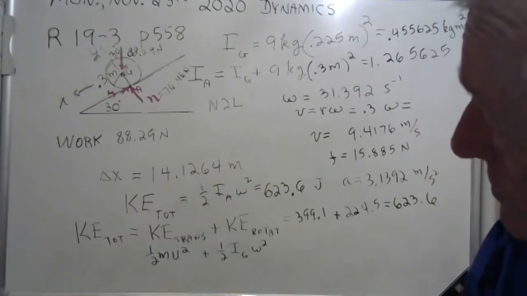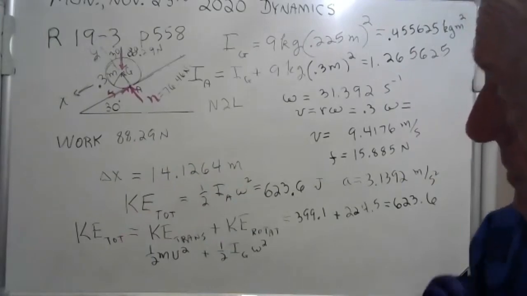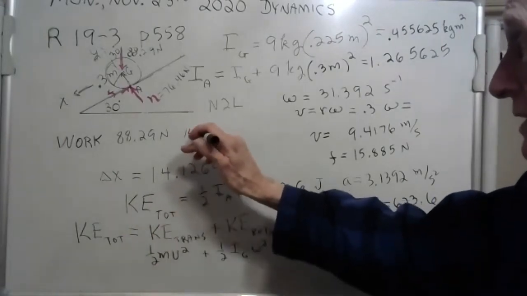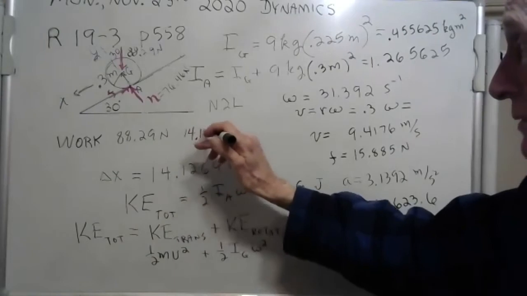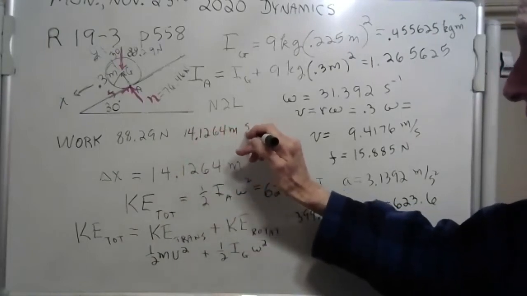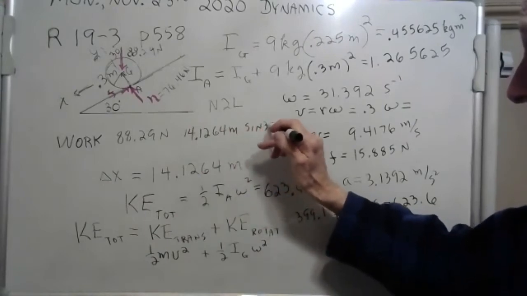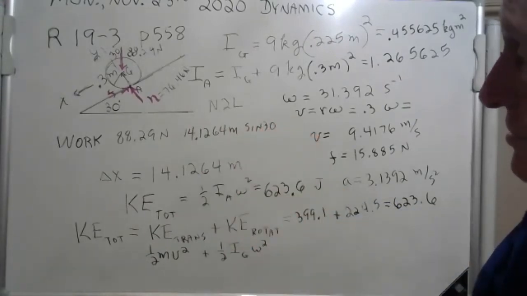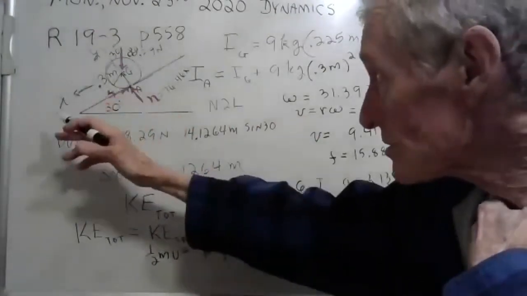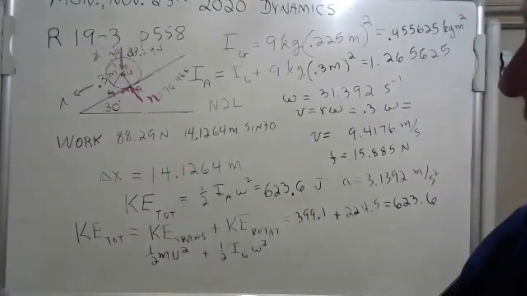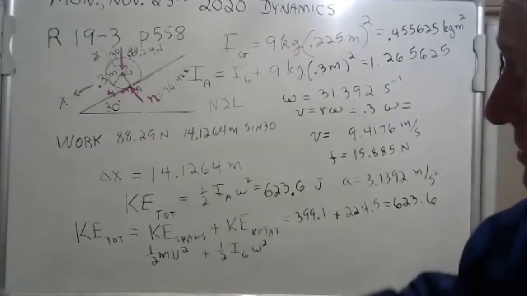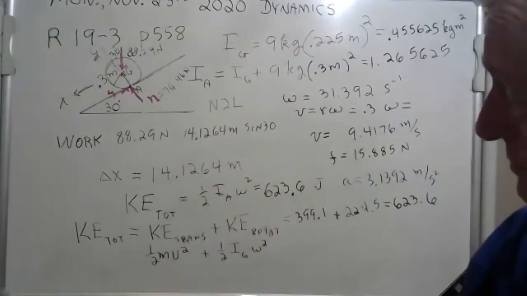The distance the wheel goes is 14.1264 meters, but the distance that actually goes down is that distance times the sine of 30.